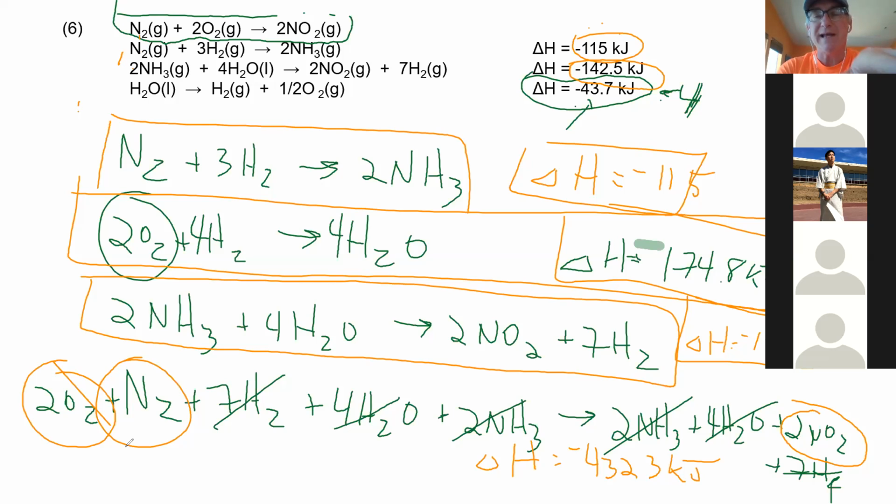So make the priority finding where the reactants are, where the products are, and getting them on the right side. Once you've done that, then you can start doing your multiplication. I think that's probably easier than trying to multiply them first and then start flipping them.